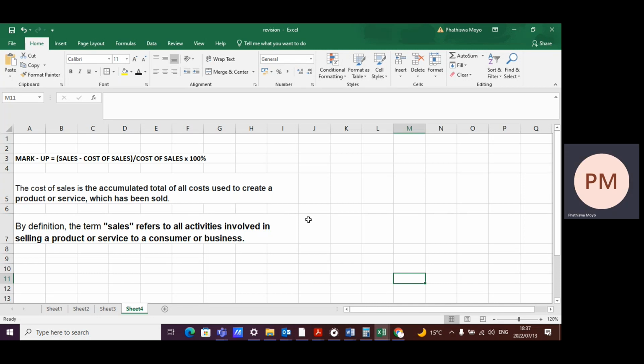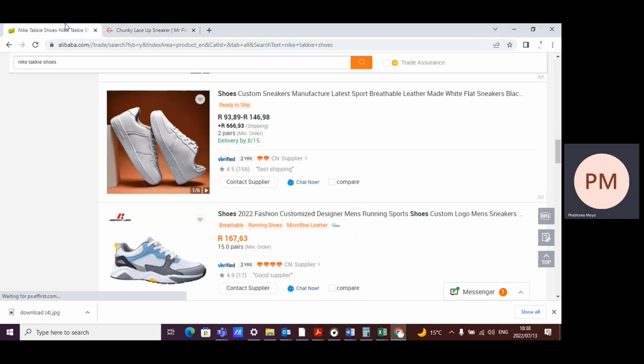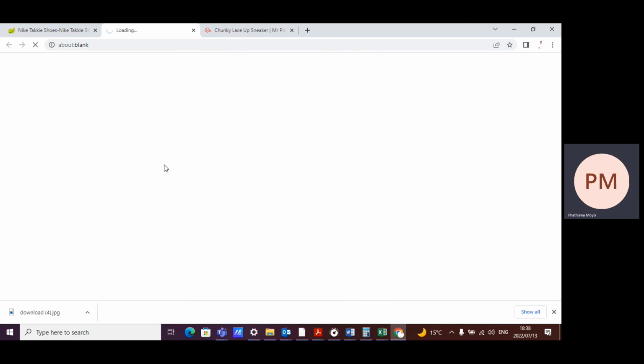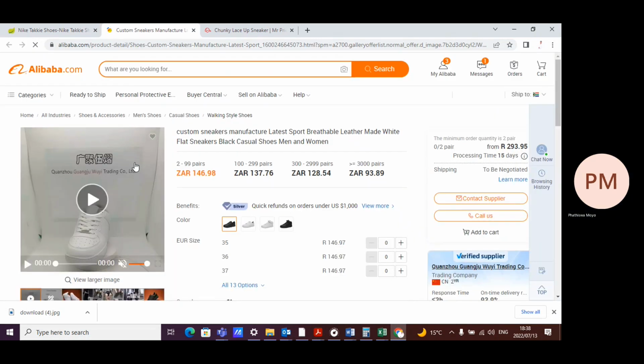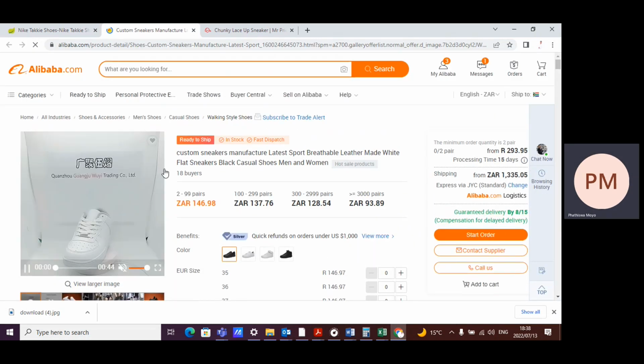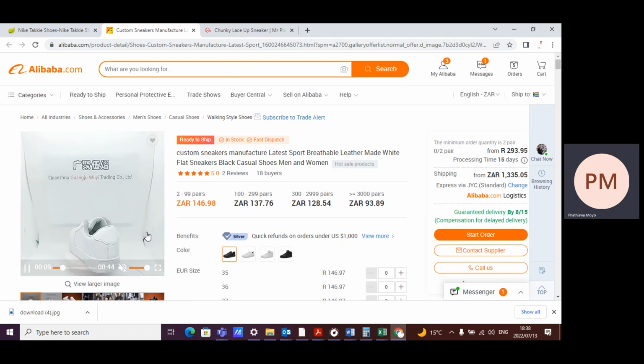Okay. So let's go back to our Alibaba example. The factory calculated all the costs they will incur to produce this basic sneaker, beautiful sneaker.